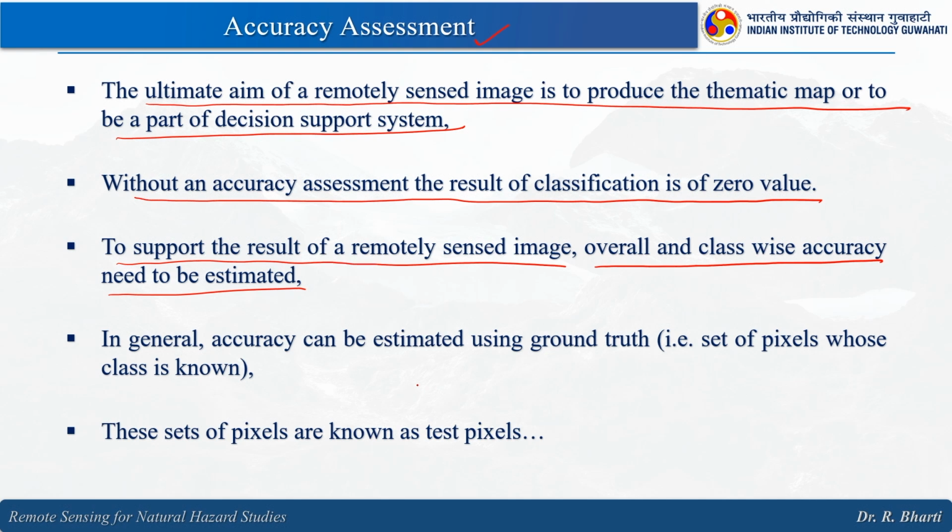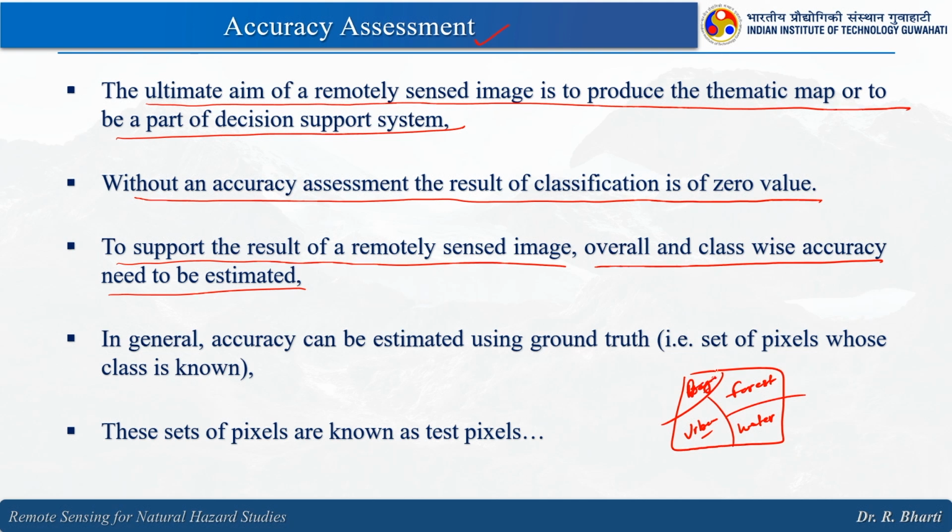So, here we will have class wise or overall. Class wise means if my image is having 4 classes, let us say this is forest, water, urban and maybe vegetation or maybe some other class, right, bare land.